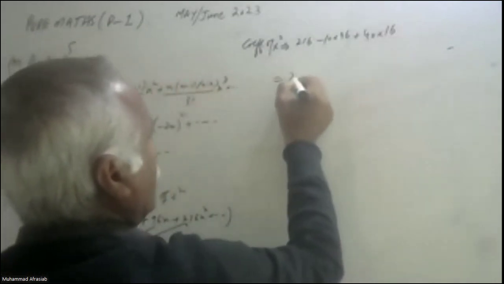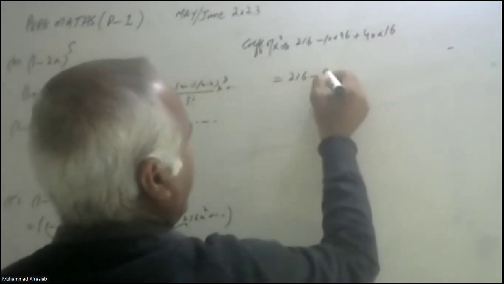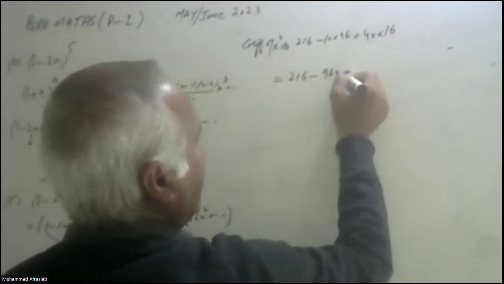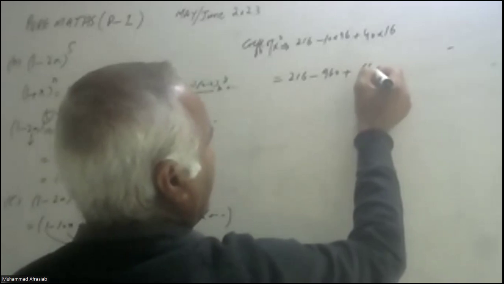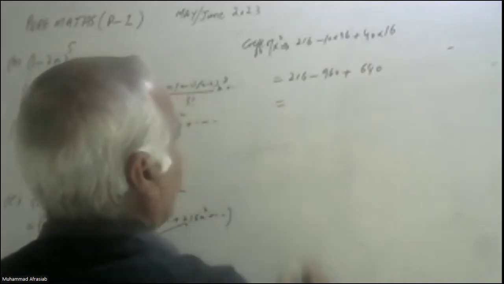So this will be equal to 216 minus 960 plus 640, and the final answer is equal to minus 104.